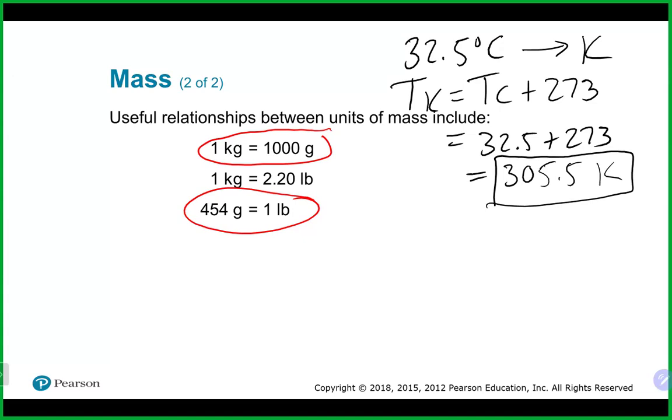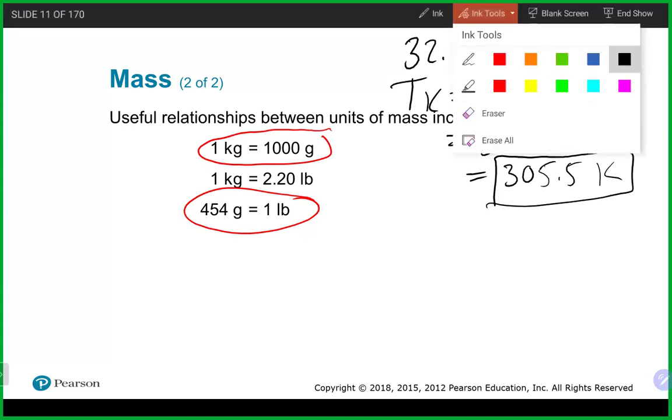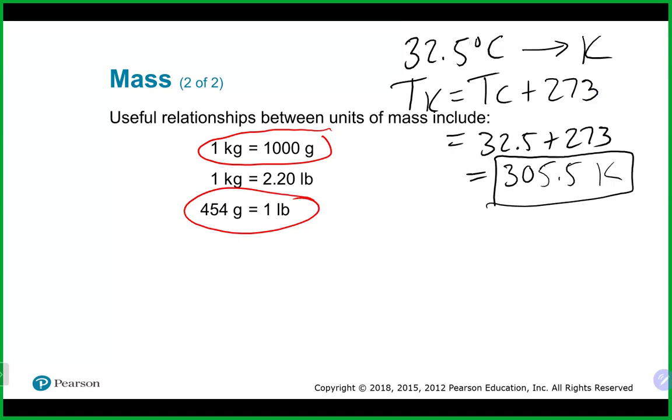We always make our answer look like the original number. So if we look at the example we just did, our original number went to 1 decimal place. So when we convert it, we take it to 1 decimal place. Now, if our original number was a whole number, we would take the answer to a whole number if we're just strictly doing temperature to temperature conversions.